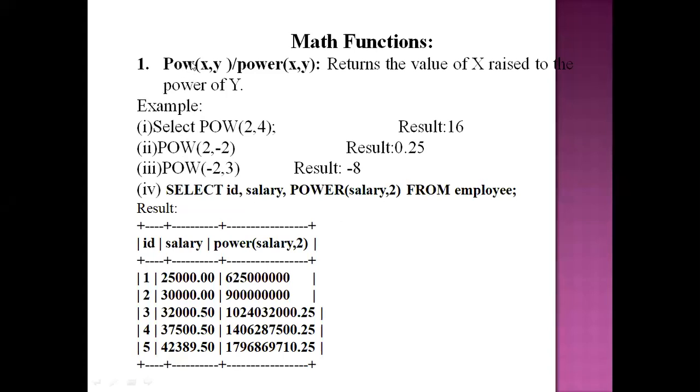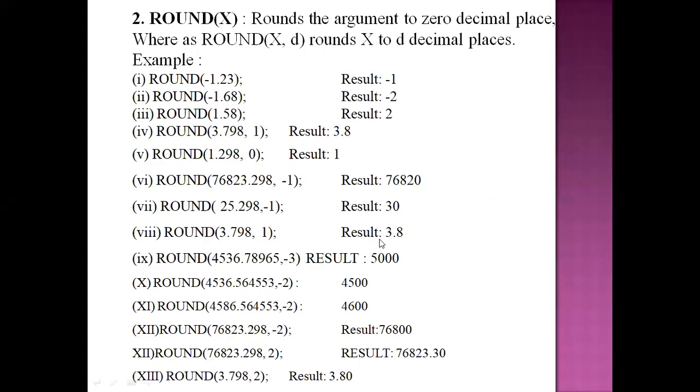See, power we have already discussed. It raises the given value to a power, and if the number is negative, it shows the negative number. Round we have also discussed, the round function rounds the value.